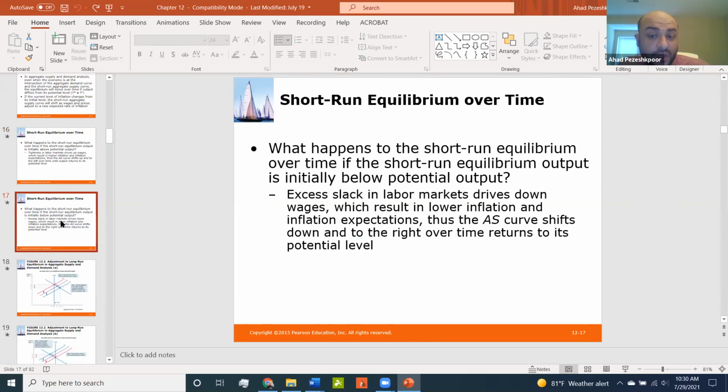If the short-run equilibrium output is initially below potential output, excess slack in labor markets drives down wages, which results in lower inflation and inflation expectations. Thus, the aggregate supply curve shifts down and to the right over time to increase potential output.